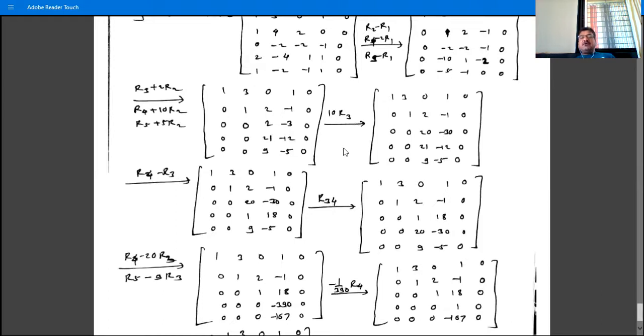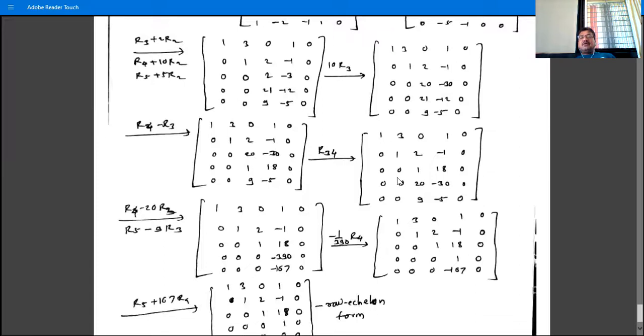And then R4 minus R3, so we have 1 in the R4 row. So 1, 18, 0. Then interchange the third row and the fourth row, and we have 1. So after these steps we have 1, but by using this transformation we avoid the fractional numbers.